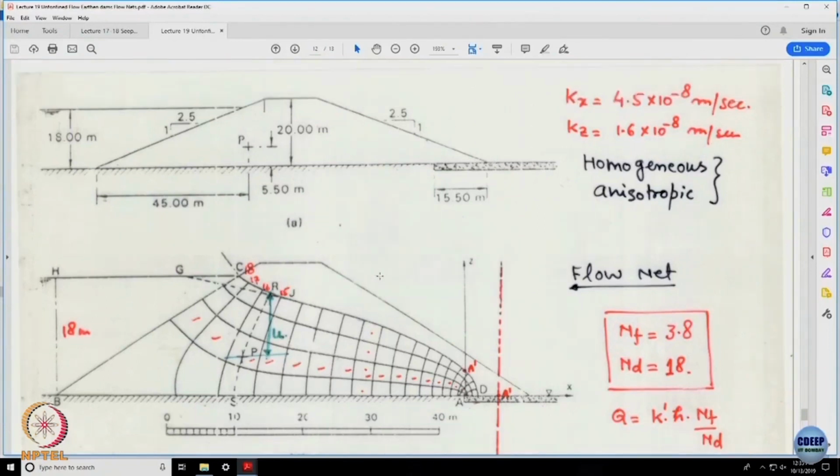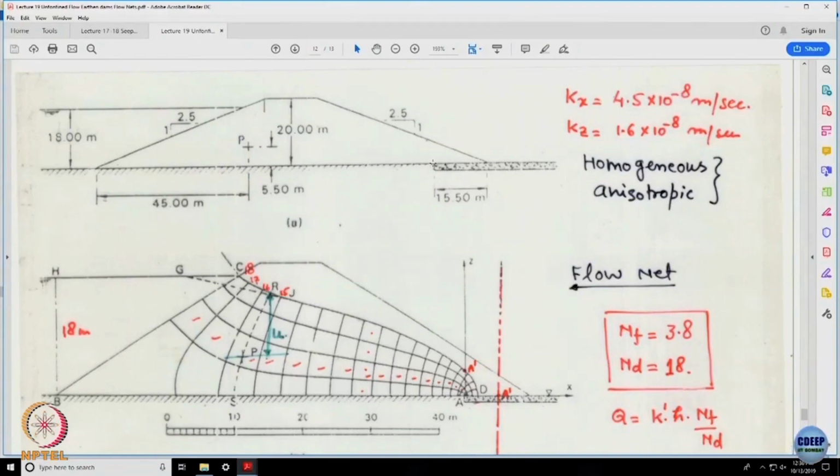So, suppose there is a situation like you have an embankment, there is a filter layer. What I have done is a close look at this figure will show that I have shifted the point A inside the body of the dam, and that answers the question which he is asking, that how would you control the seepage lines so that they do not cut the downstream slope.